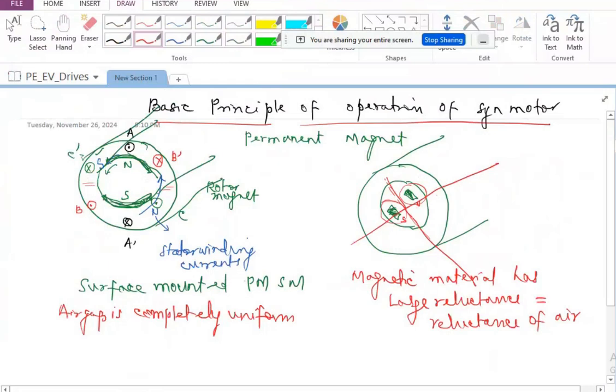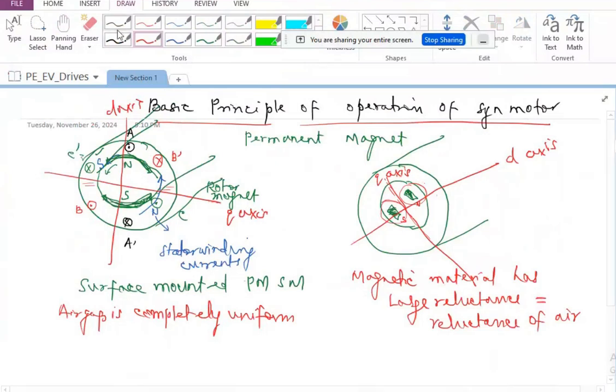We generally call the axis along the magnet the direct axis or D axis. So here also I can say this is D axis. And Q axis is exactly perpendicular to that. So Q axis does not have the magnet coming in between, whereas D axis has the magnet coming in between, assuming that all these portions are ferromagnetic material.